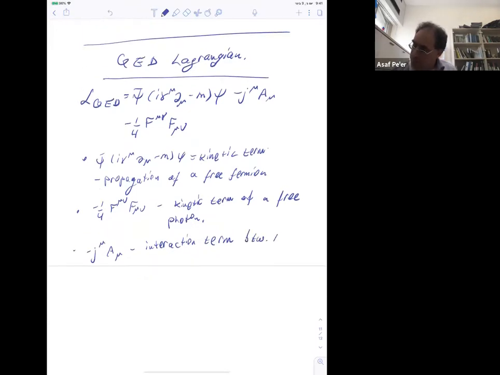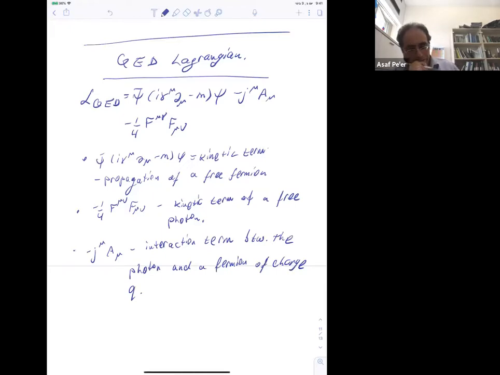Between the photon and the fermion of charge Q. This is the vertex in the Feynman diagram. The vertex can connect the photon and the electron.